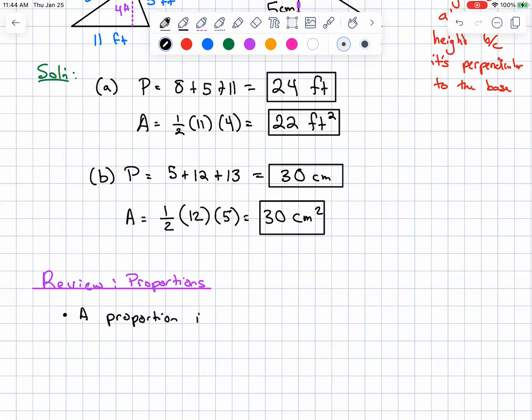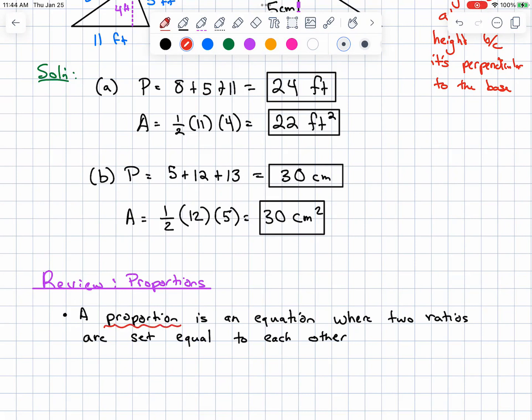A proportion is an equation where two ratios, so two fractions, are set equal to each other.